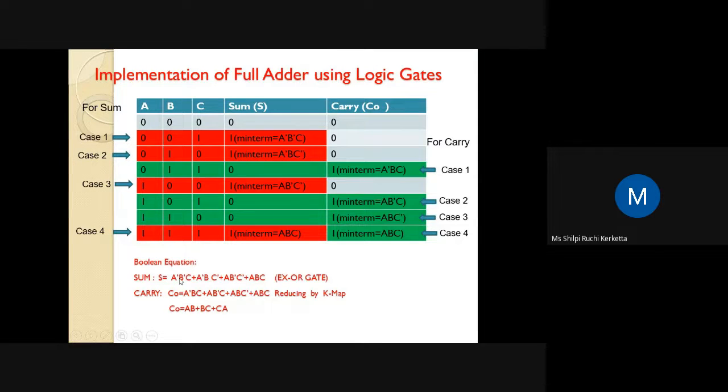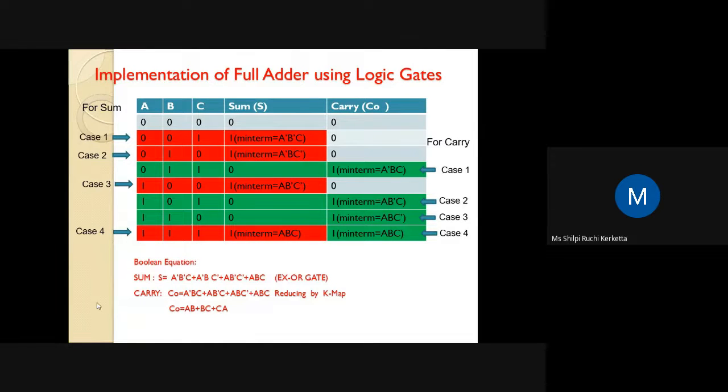And here we can also see that A dash and B dash are there, and somewhere C dash is there. So we will need NOT gates also. So we will need four AND gates, one OR gate, and three NOT gates. So in total it will become eight logic gates.